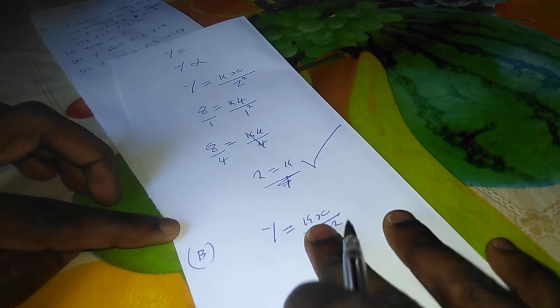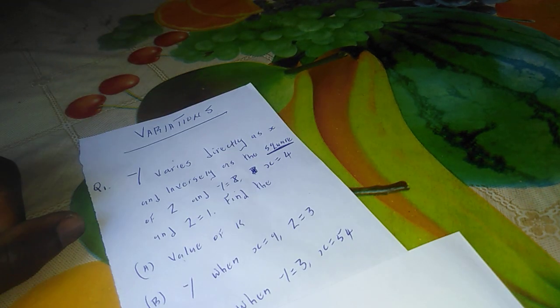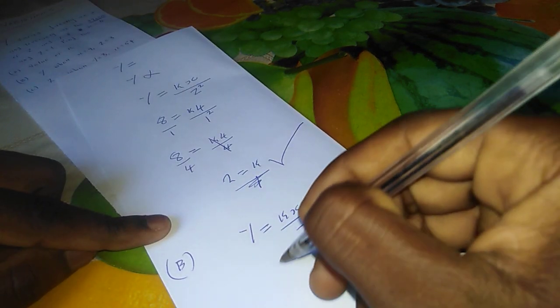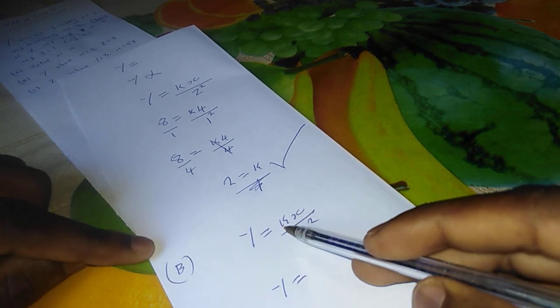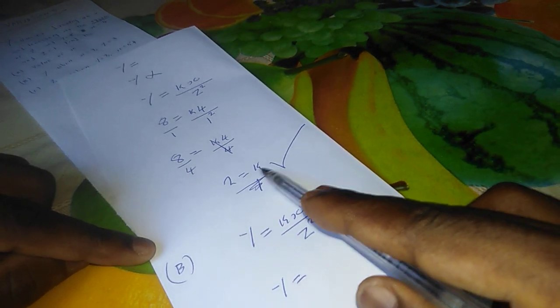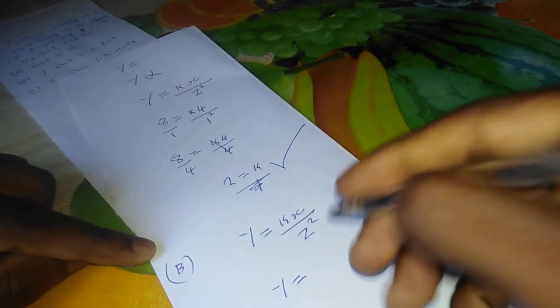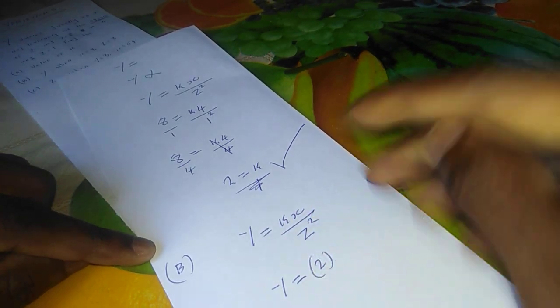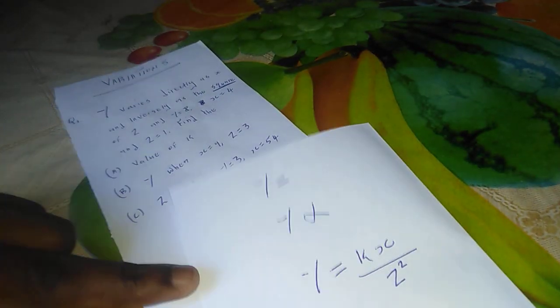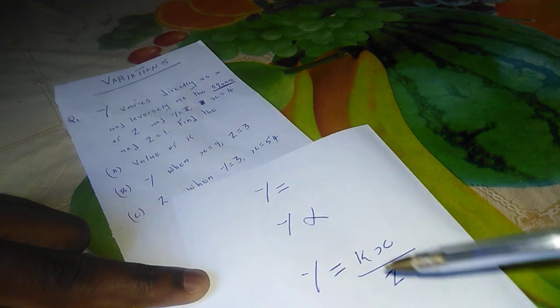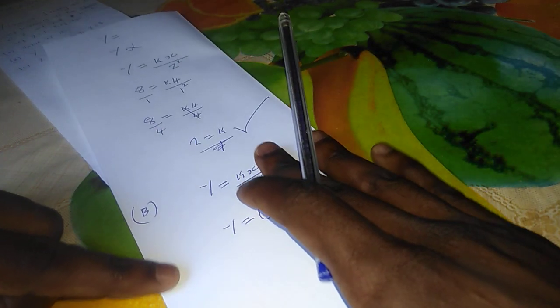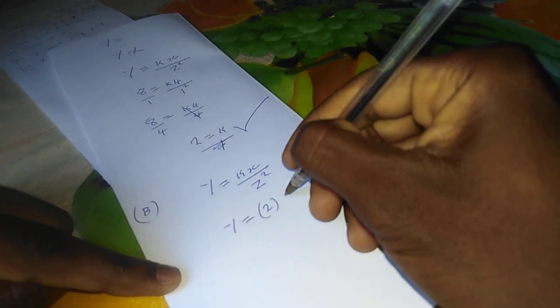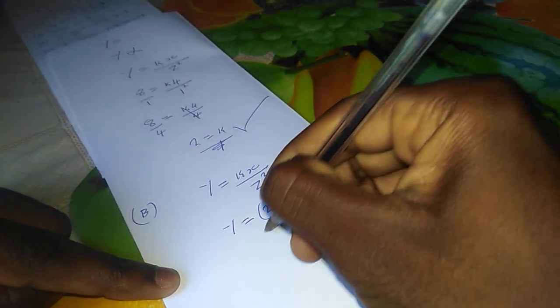Now we are finding the value of y. So we say y is equal to, what's our k? We had found 2. What's our x? We've been told our x is 9, so I'll put a 9 here over z.